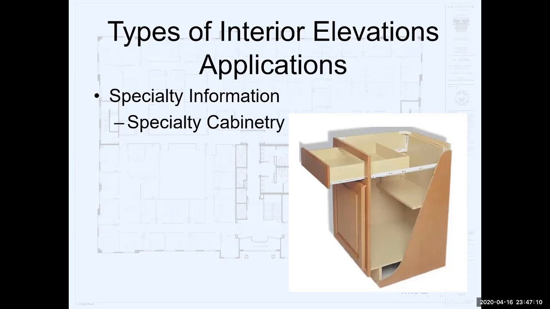And I think it's helpful to understand that in the development of your own design thinking, we'll look at a plan and that'll help us understand what the configuration is within the space. And then we look to the elevation to start telling us, what is the cabinetry made of? How is it broken up?